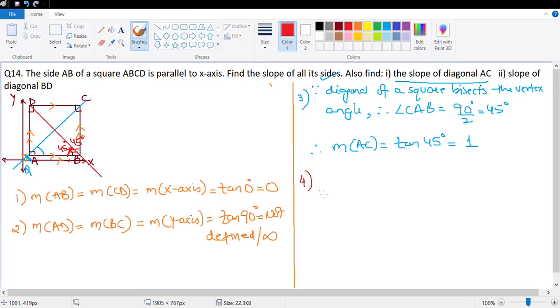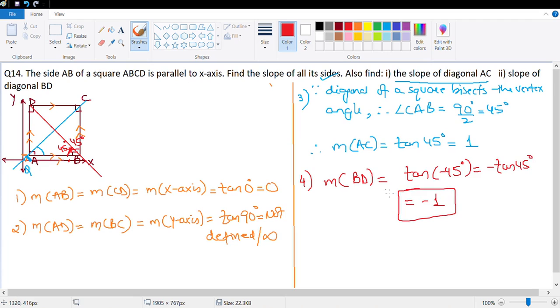So slope of BD would be equal to tan of negative 45 degree, which is nothing but negative tan 45 degree, which is -1. So slope of BD is -1, slope of AC is 1, slope of AB and CD is 0, and slope of AD and BC is not defined or infinity.